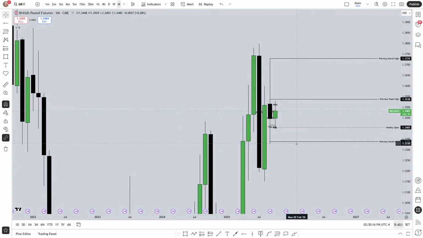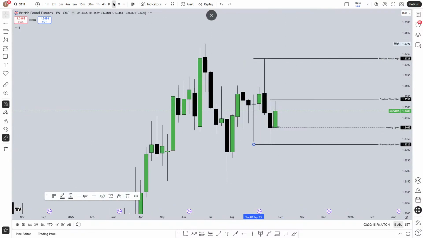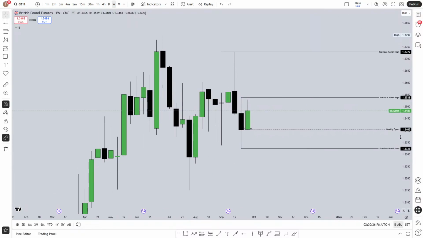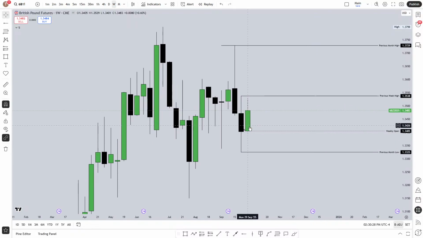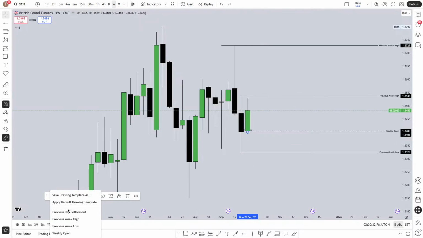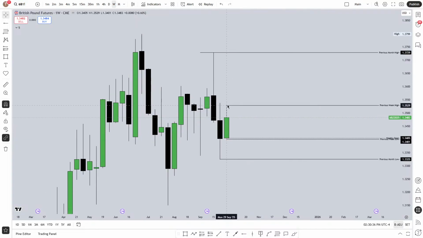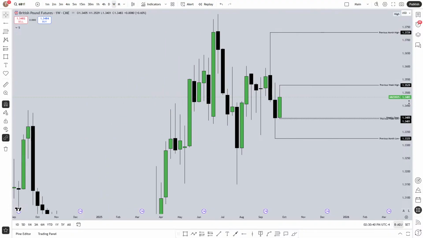Let's see. So previous week low is also the previous month low. Or no, no, no, this is the previous week low. All right, so yeah, again, just trading inside of this range.